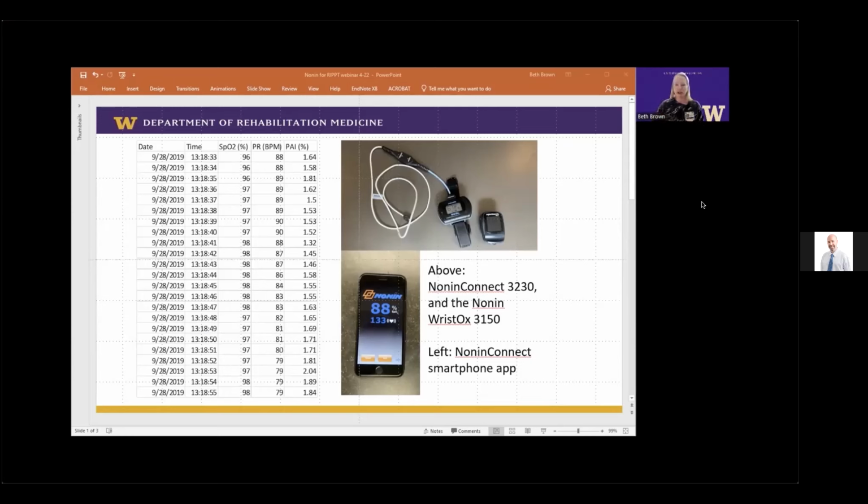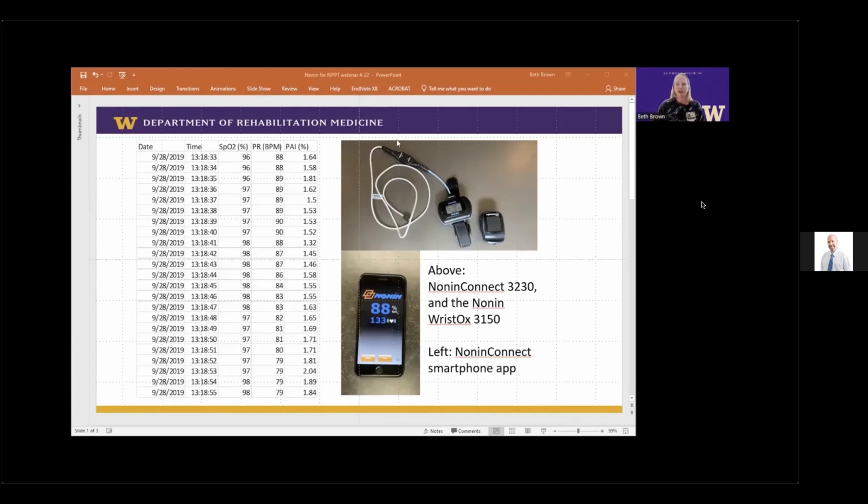Nonin Connect gives you that visual display of data on the smartphone. And it's also how we access that second by second time-stamped SpO2 file. And those are directly downloaded as .csv files.